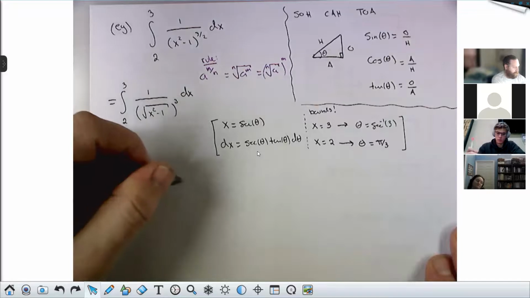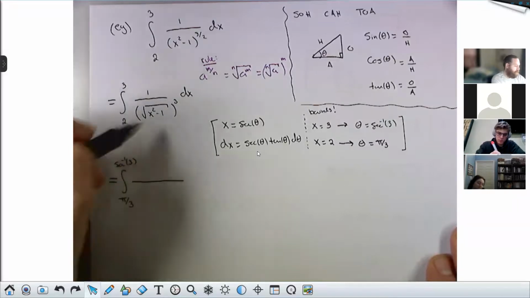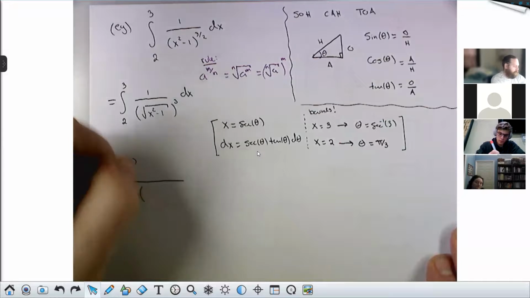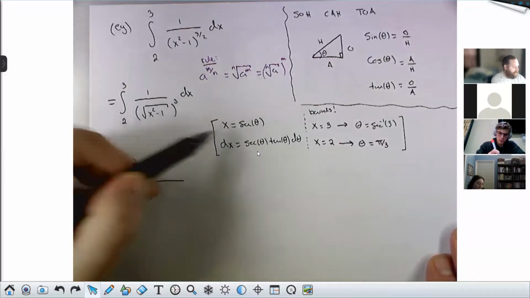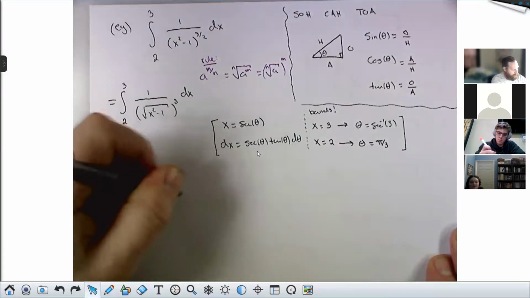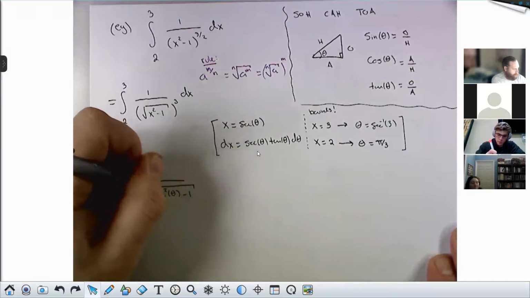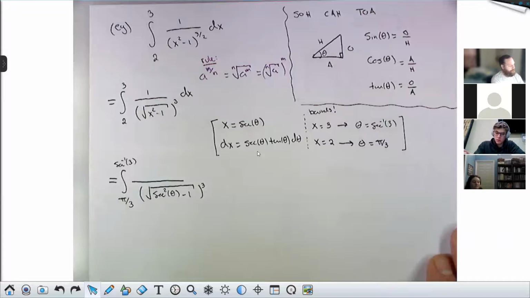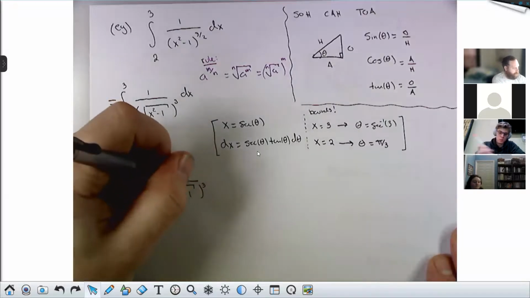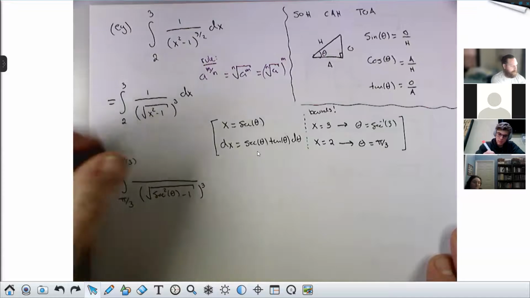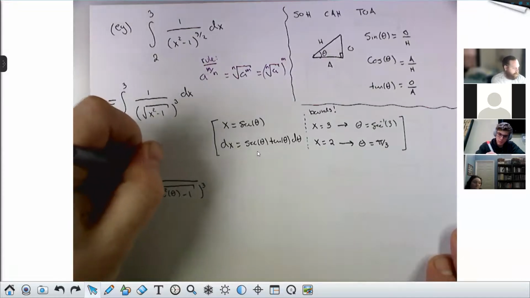Downstairs, I have the square root of x squared minus 1 all cubed. So that's square root of secant squared minus 1 under the square root all cubed. Upstairs, I just had a 1 and a dx. Dx is secant theta, tangent theta, so I'll write those here.